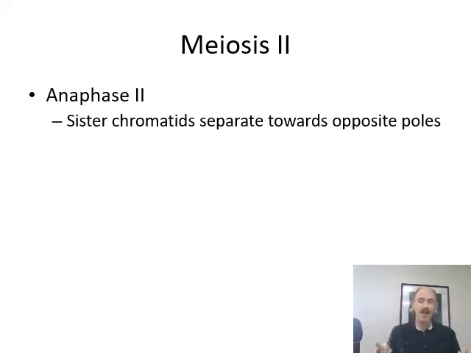In anaphase 1, we saw homologous chromosomes separate. In anaphase 2, sister chromatids separate. So anaphase 1 was this, anaphase 2 is this. So it's more like mitosis when sister chromatids separate into daughter chromosomes. So sister chromatids, daughter chromosomes, right?